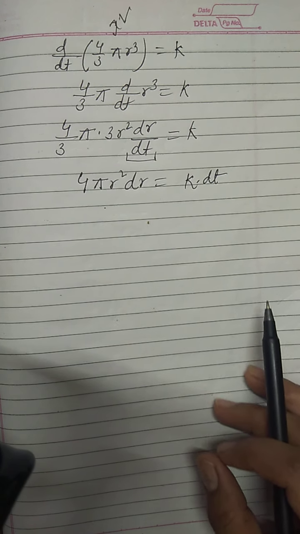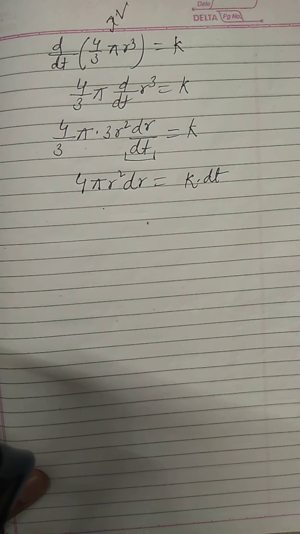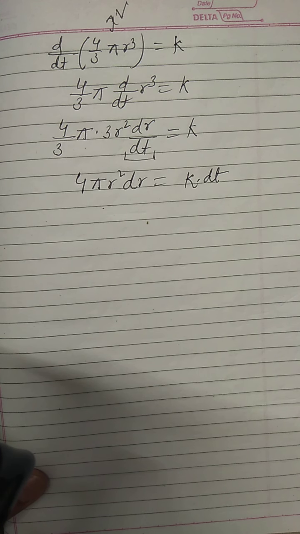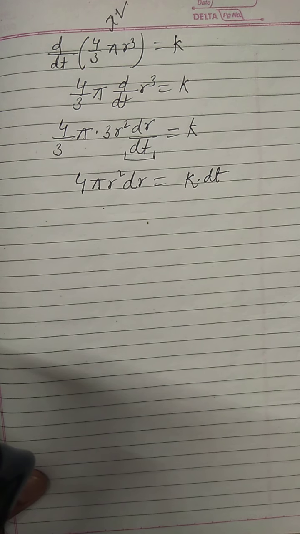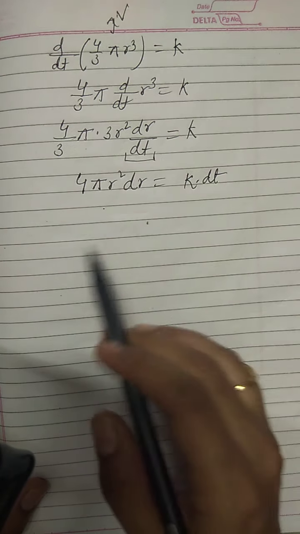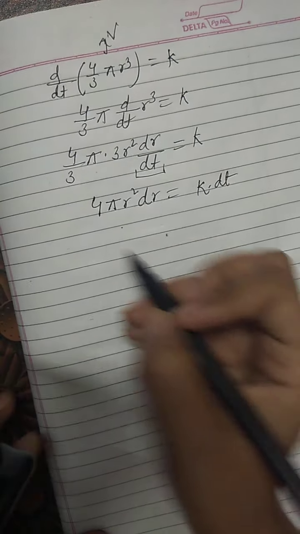If you remember, in the beginning we have written in the given part, initially when the radius is 3 units, initially means when the time is 0. Initially the radius is 3 units and after 3 seconds the radius is 6 units. So these two conditions are given. In order to apply these conditions, let us first integrate both sides.